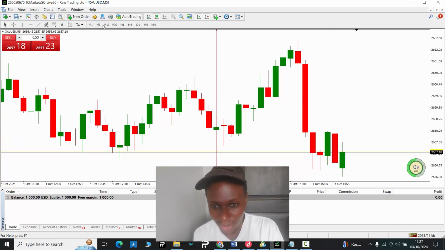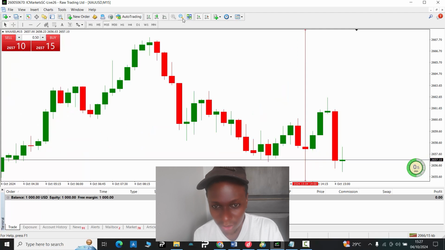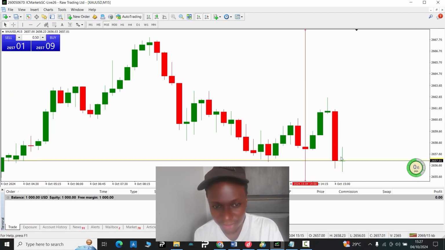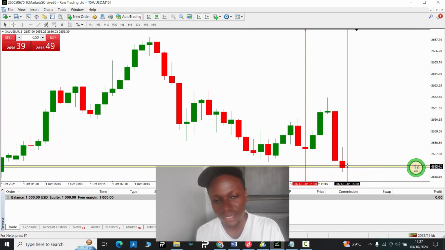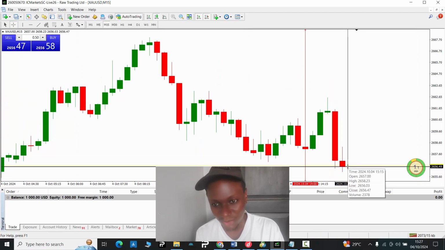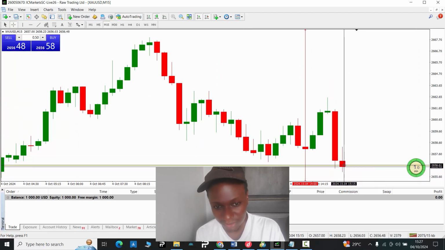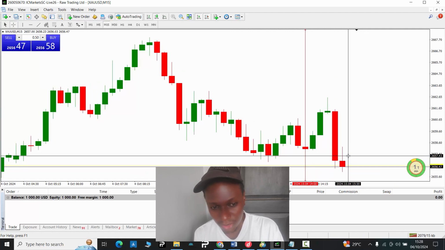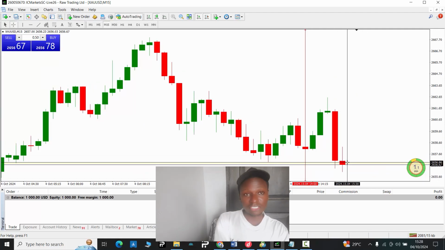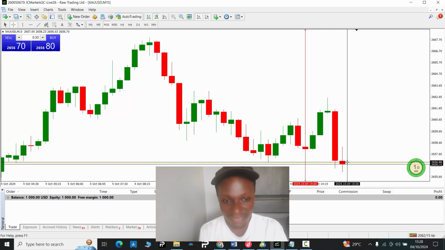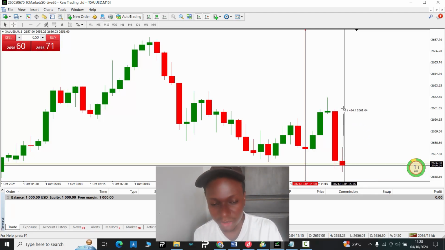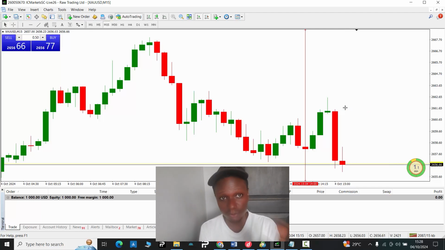Now the other thing that we want to watch out for is this 15-minute candle before NFP, the last candle basically on the 15 minutes. Now we've zoomed into the 15 minutes. This candle usually gives us a picture whether we're going to experience a whipsaw or we're going to have a clean NFP.